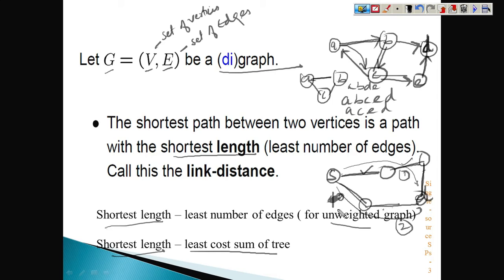But if I give some weight to these edges, then we have to check what is the minimum value. For example, it is 10, this is 20, and this is 1, this is 2, this is 3. If I follow this path, then the cost would be 30, as I can simply add the weights of these edges. But if I go through path 1, then 1 plus 2 plus 3 is 6. In that case, this will be the optimal path or the shortest path. So it all depends on whether the graph is weighted or not.